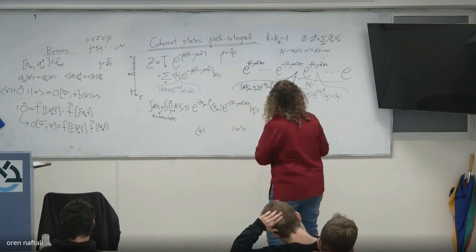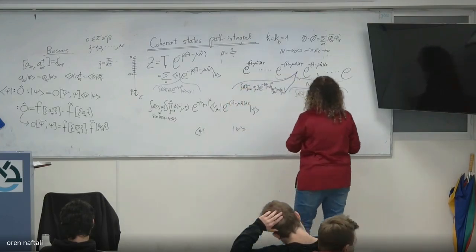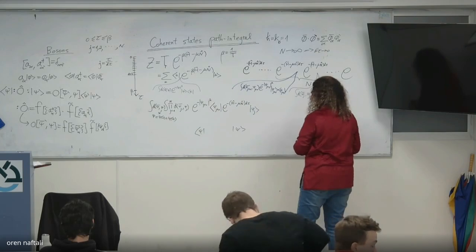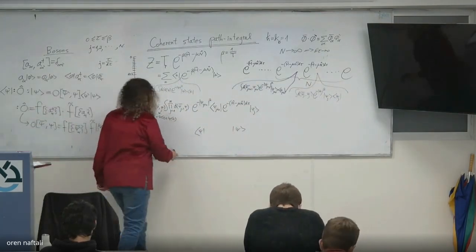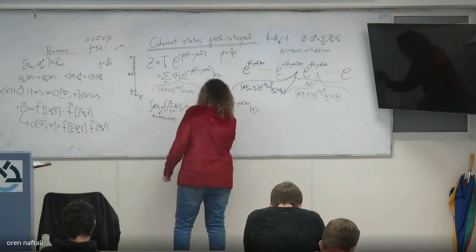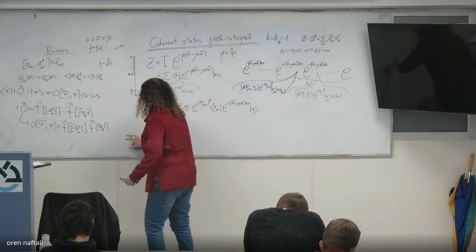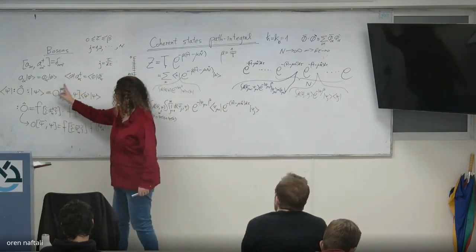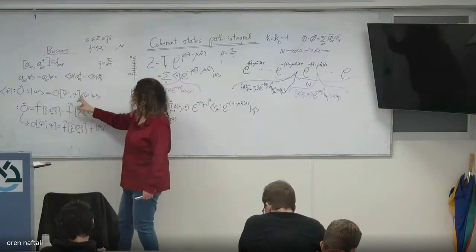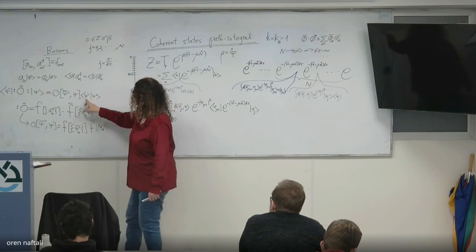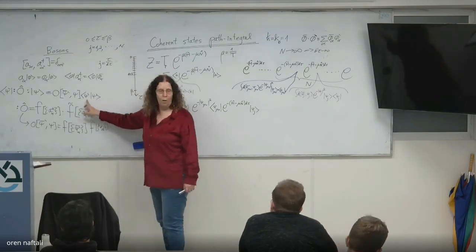Okay, so let me write it down explicitly. So what I'm saying is that, but notice that after I do this, I get this function, O of psi bar psi, but I'm still left with the inner product.